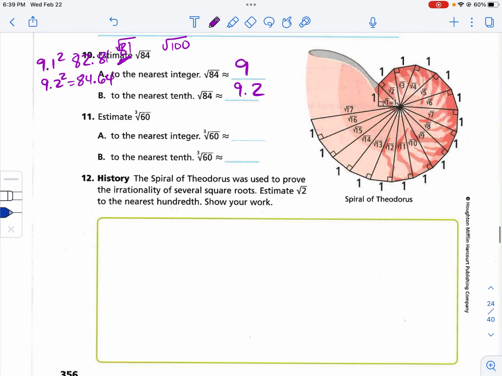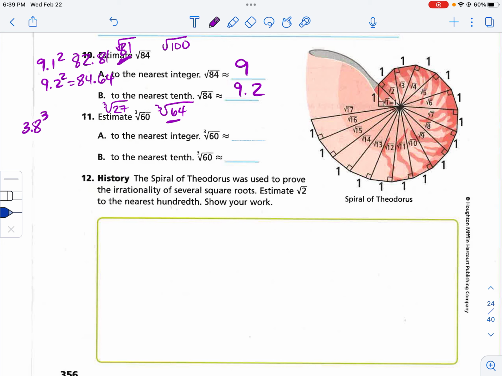So in this one, what is it between? The cubed root of 27 and the cubed root of 64. So it's closer to the 4. So I'm going to say 3.8 cubed.